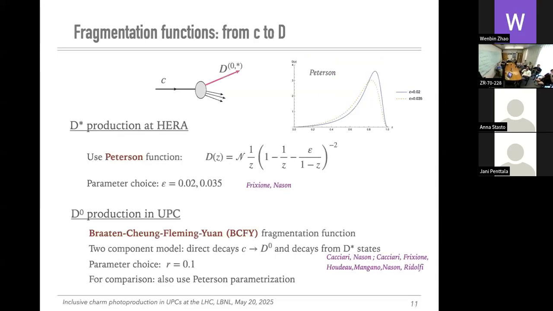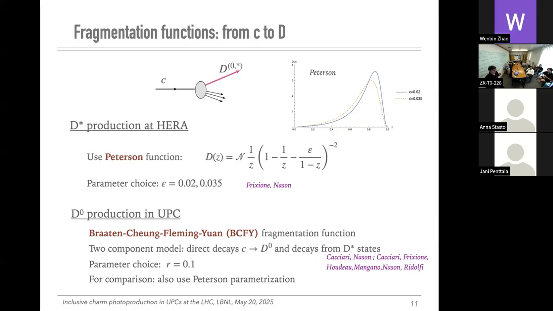Okay, so now we have that, now we fragment. So there is a convolution with the fragmentation function, and here there are options. One option is Peterson. It's nice because it's this nice compact formula. I'm going to use the parameter choice that was used in the original Frixione-Nason for the D star.